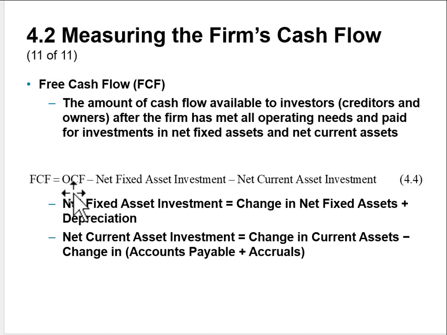So the free cash flow formula is the operating cash flow minus net fixed asset investment. We just take the change in net fixed assets, add depreciation, and then we take the net current asset investment. Now that is the change in current assets minus the change in accounts payable and accruals. Well, why don't we just say current liabilities, right? Change in current assets minus the change in current liabilities.